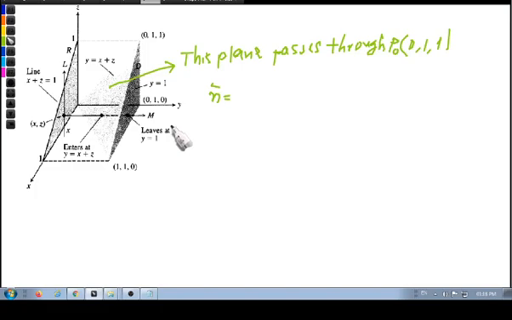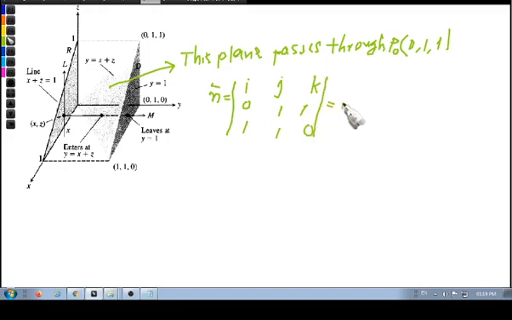So n is equal to the determinant with rows i, j, k; 0, 1, 1; and 1, 1, 0. So what will I get?